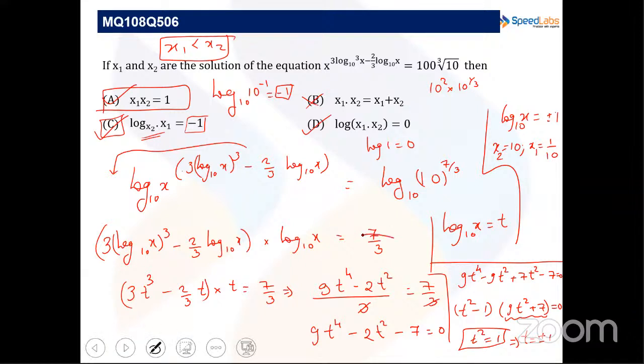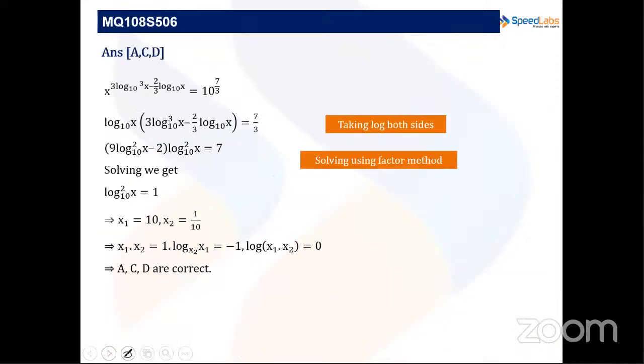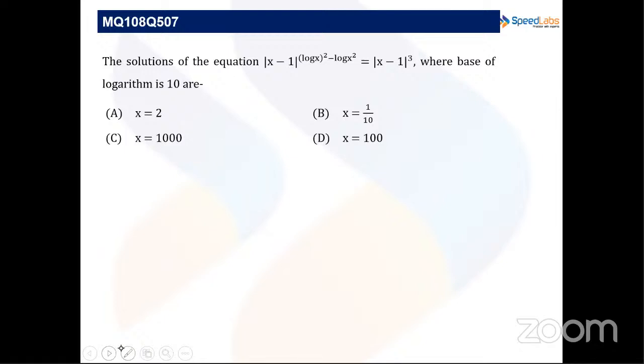Now moving to the next question. The solutions of the equation, where base of the logarithm is 10, are... Since we can see here that the base is same on both the sides, so power should be equal, or either the base should be 1.